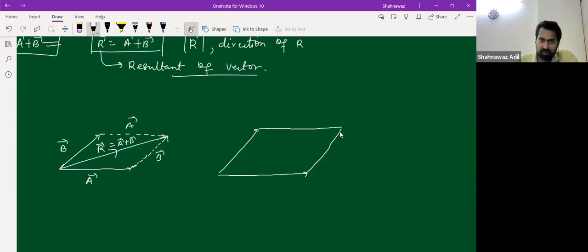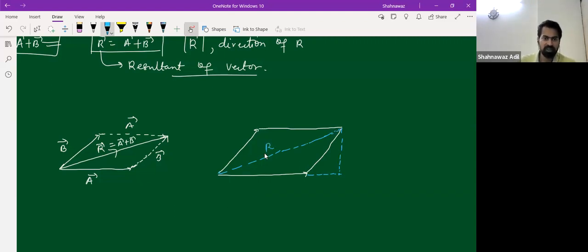We have to draw a perpendicular at this point. And this is our final diagram. So this is the result, R.